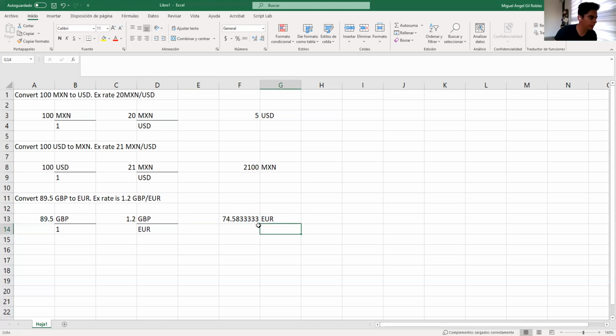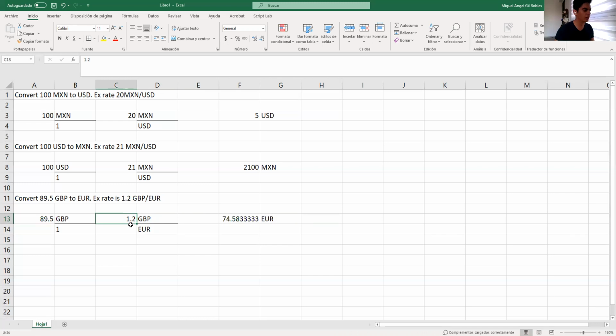Maybe you are thinking that it doesn't make sense, that if you have more pounds, how on earth are you ending up with less euros? And this is a tricky question that I specifically did right now, because what I am doing in here is that I am giving you a really weird exchange rate, because this is not a real exchange rate.